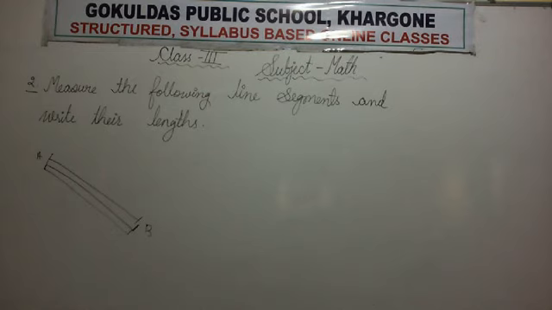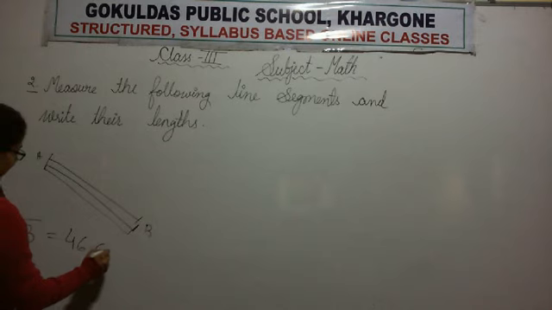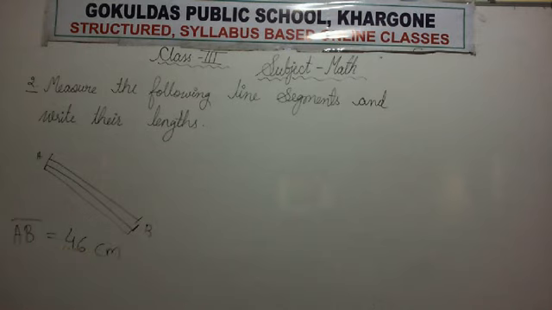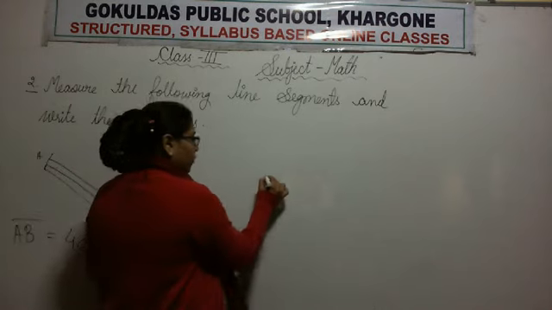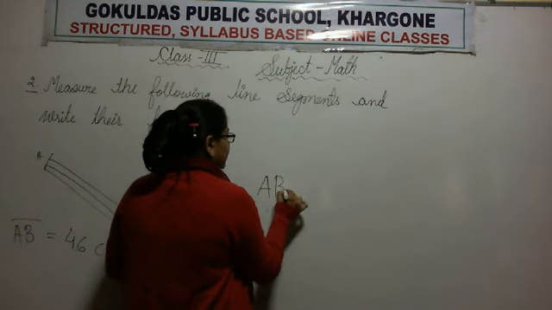So if you measure like this, which we just learned, you will get to know that line segment AB is of 4.6 centimeters.